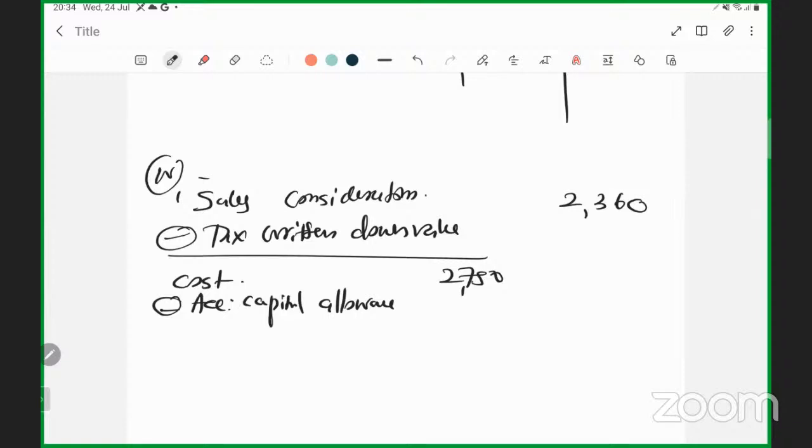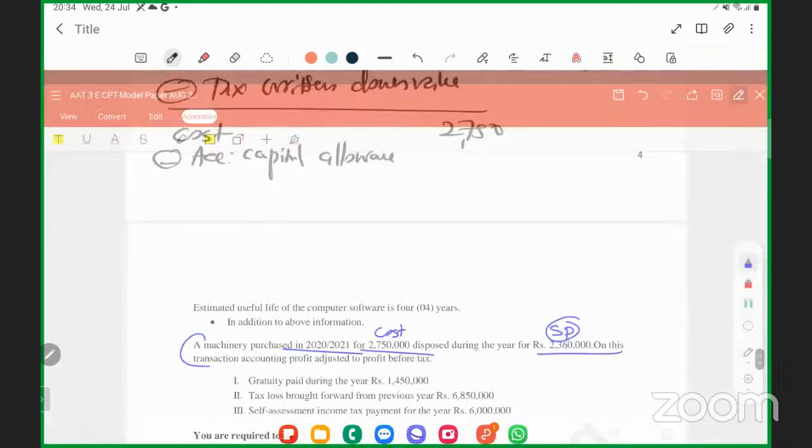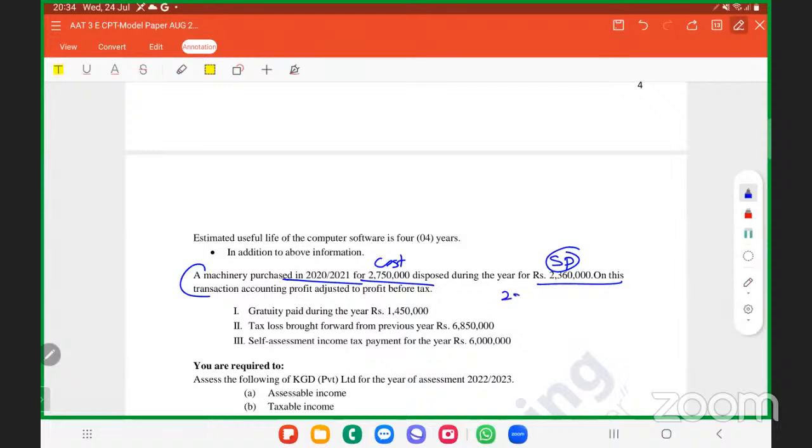That is a 5-year or 20%. So you need to identify the year of the asset purchase: 20/21 is 1, 21/22 is 2, 22/23 is 3, now 23/24.